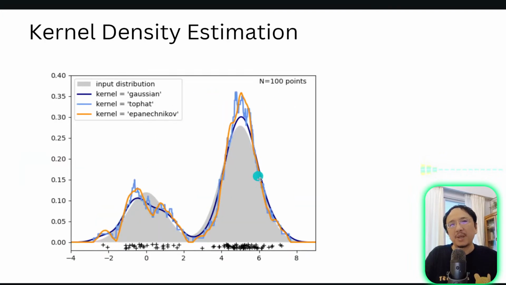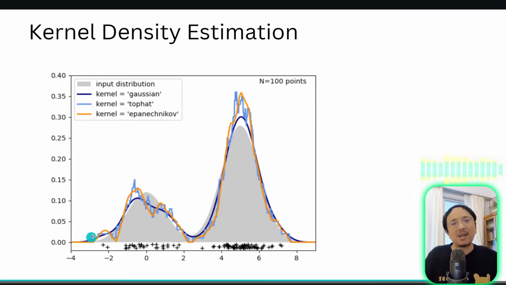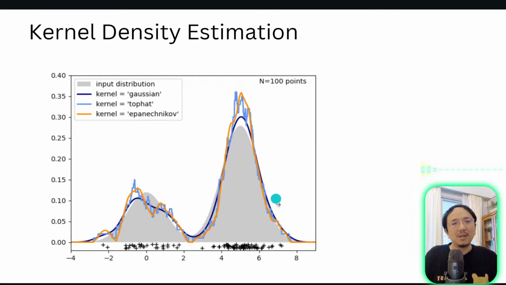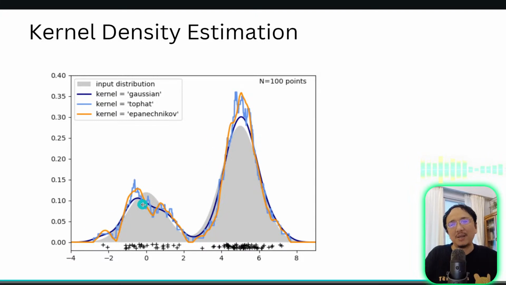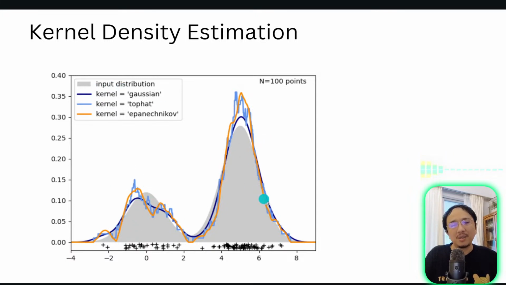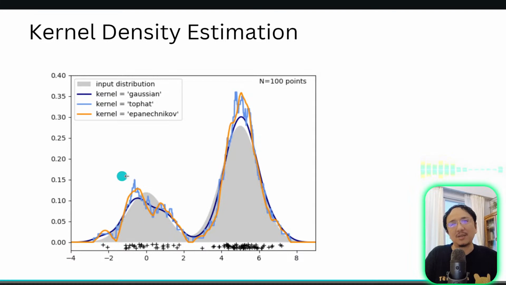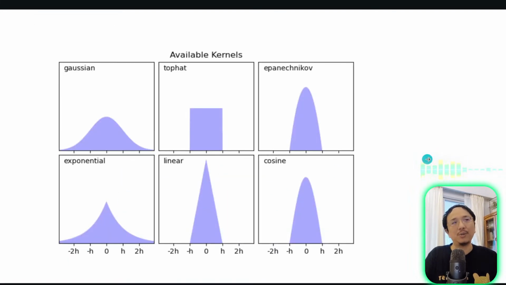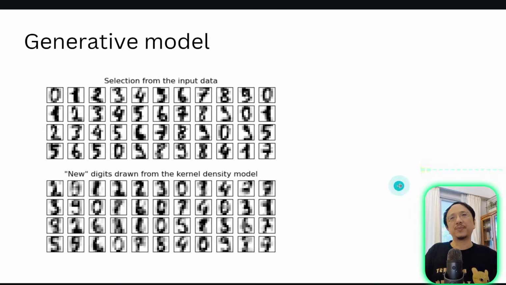But instead of constructing a histogram, we can construct a continuous distribution. The Gaussian is a common choice and works nicely. And you can see that it is more smooth and very close to the original, the ground truth.